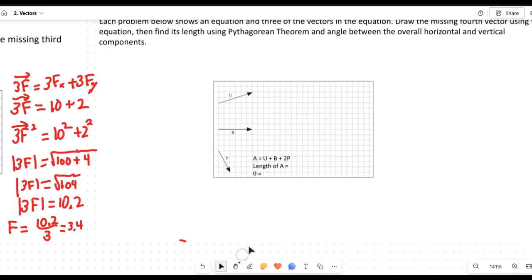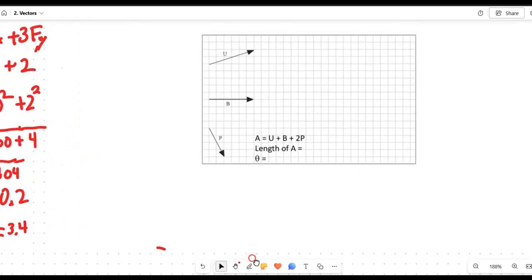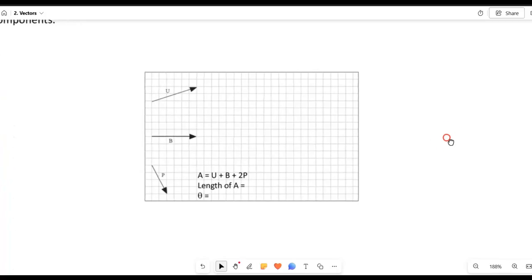The vector addition of 3 vectors. Whew. Here we go. Now in this problem, if you're in Physics 121, stay here. If you're in Physics 111, you could stop right here. Okay? Now, Physics 121 students, you university physics students, here's what we're going to do.